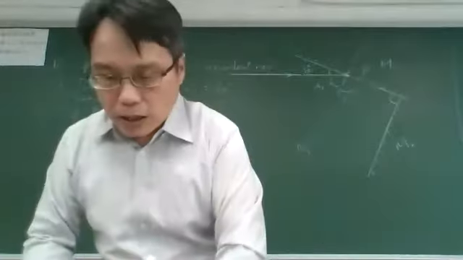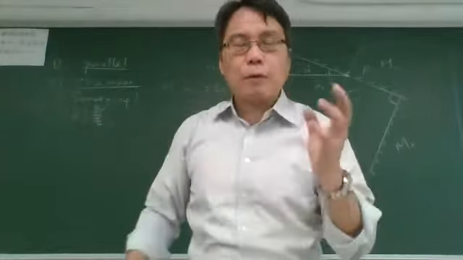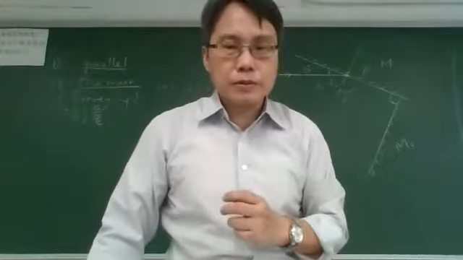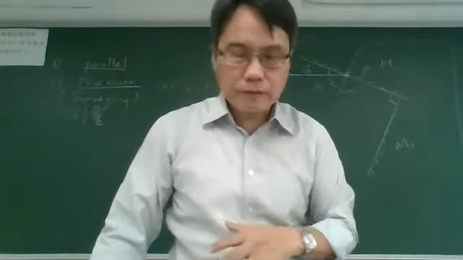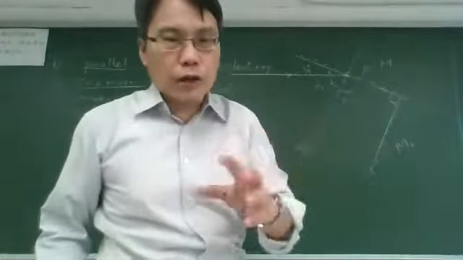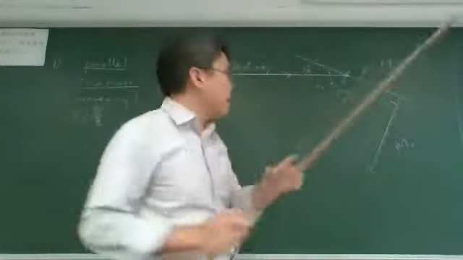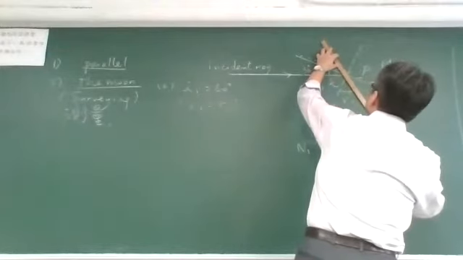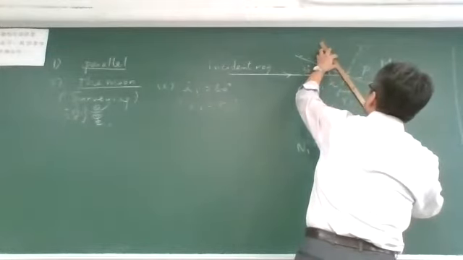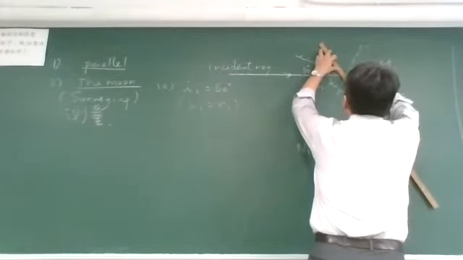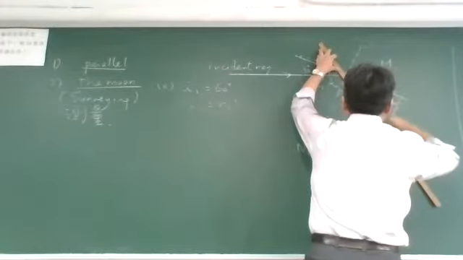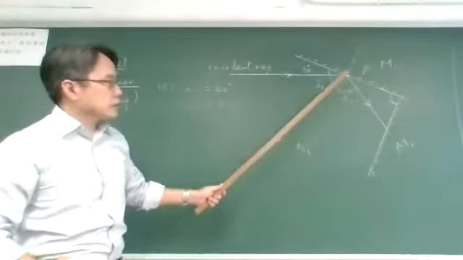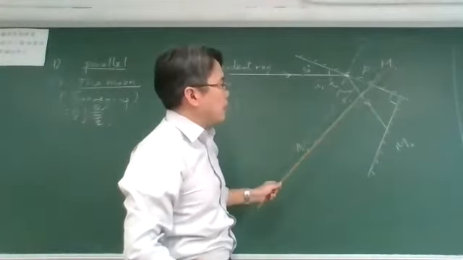So I suggest you buy a protractor for drawing correct ray diagrams like this. In these cases, a protractor makes it easier to draw the angle, and the drawing is more accurate. Okay. This is the refracted ray of M1.